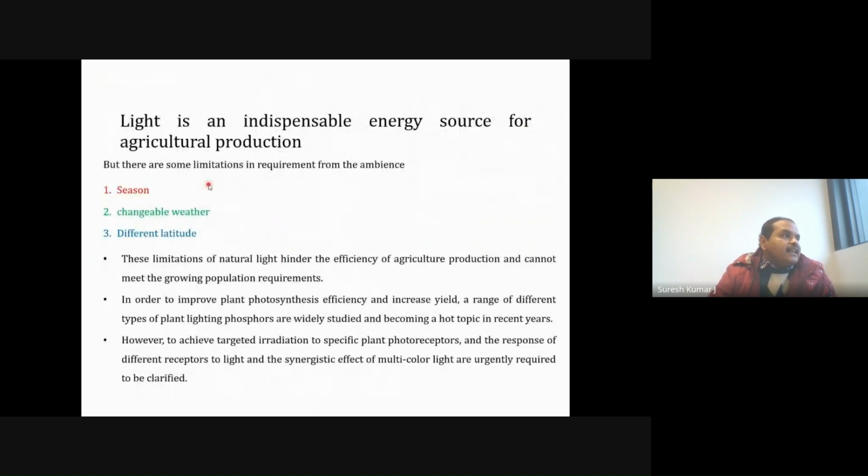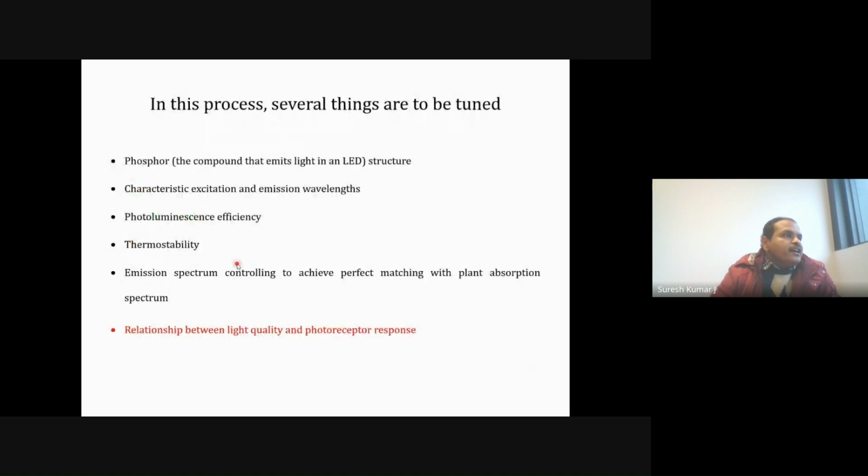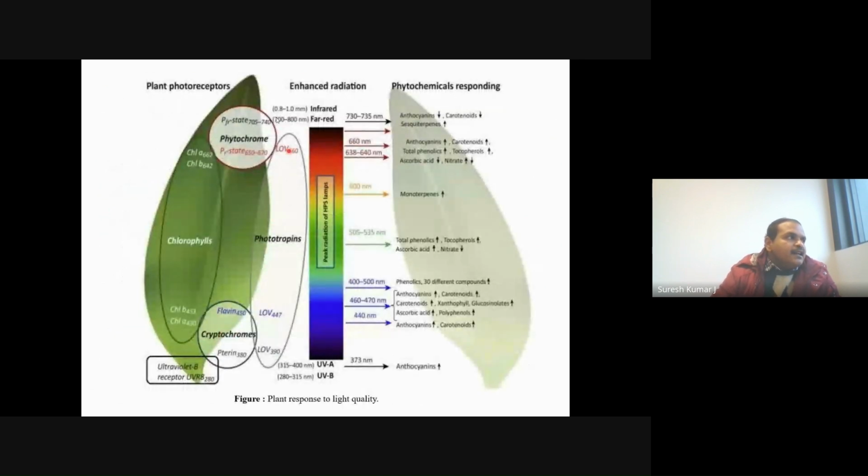The light is an indispensable energy source for agricultural production as well. Some limitations are there based on season, changeable weather, and different latitudes. For horticulture, the basic need is the absorption of light by cryptochromes, phototropins, and phytochromes.